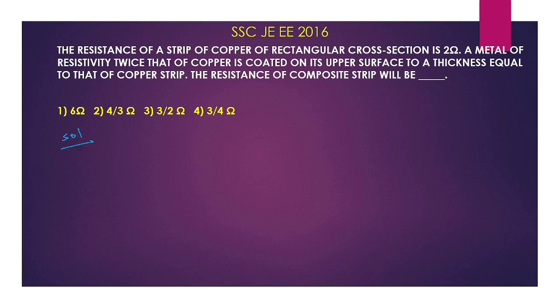See, there is a copper. Consider this is a copper metal. The resistance of a strip of copper of rectangular cross section is 2 ohm. Its resistance is 2 ohm. Then a metal of resistivity twice that of copper. So consider this is one metal.